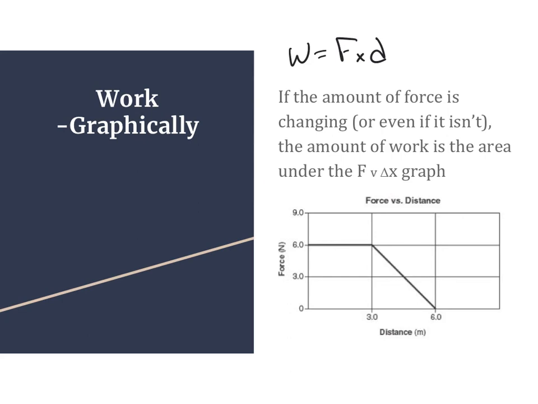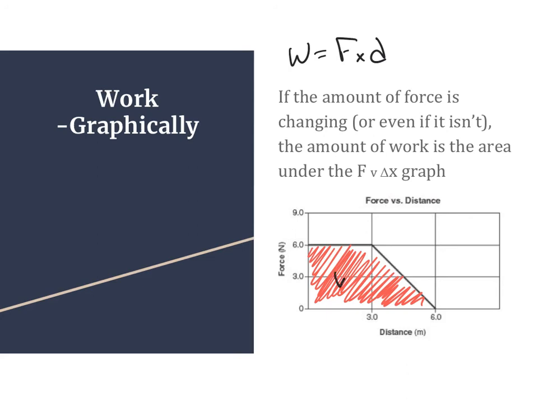As we've seen in a number of previous relationships, when we multiply those variables together, that's an indication that the area under a graph of those variables is going to give us some physical quantity, which in this case is the work.